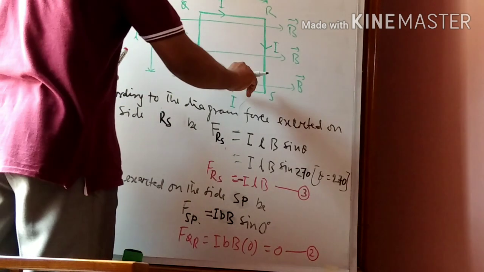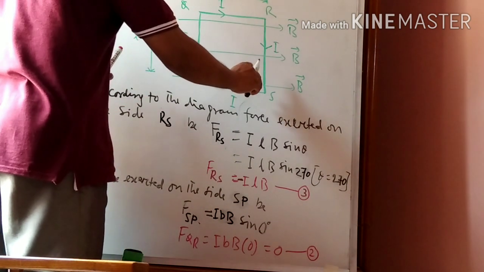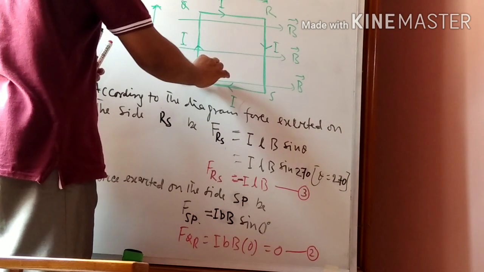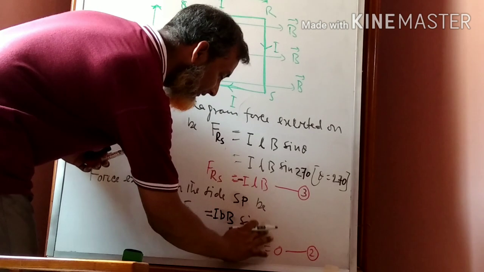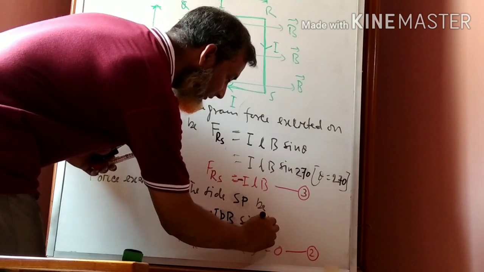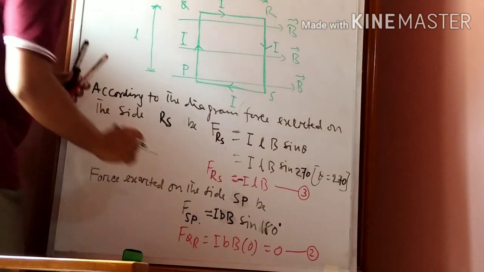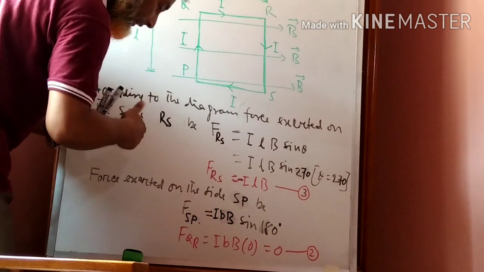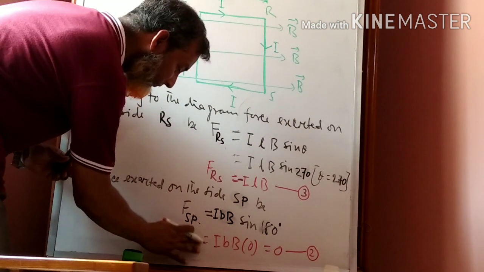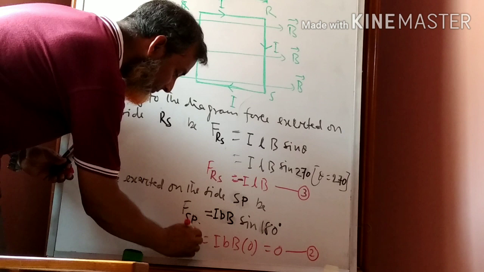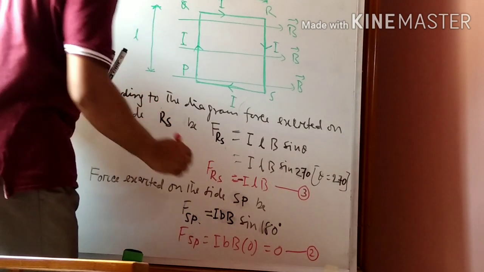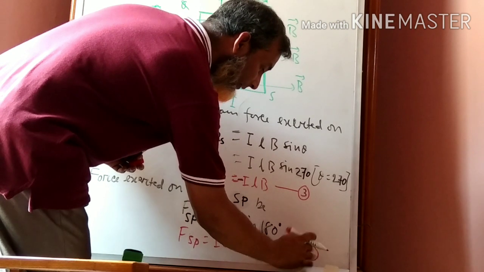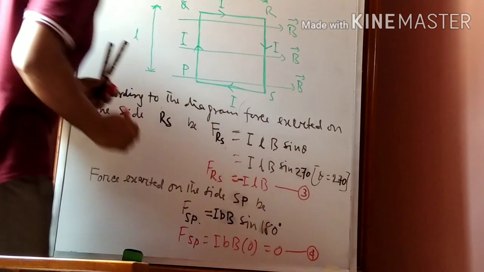Now you see, the angle between the direction of the length and magnetic field is 180 degree. So here I write 180 degree. So F_SP is I L B sin 180, which is again 0. This is equation number 4.